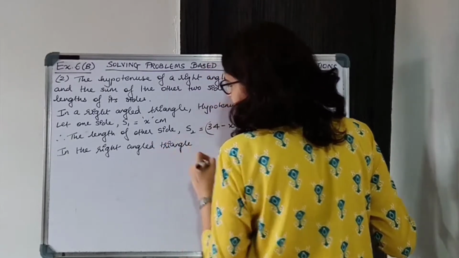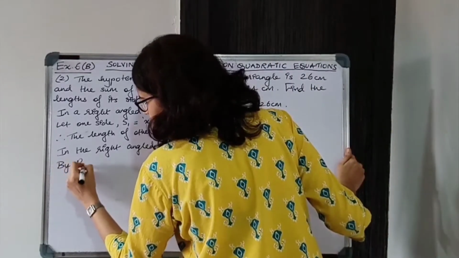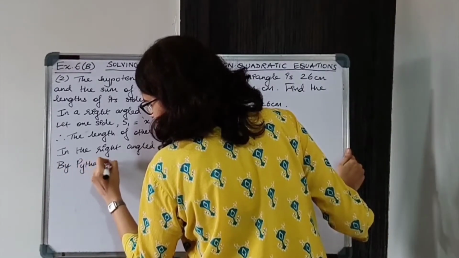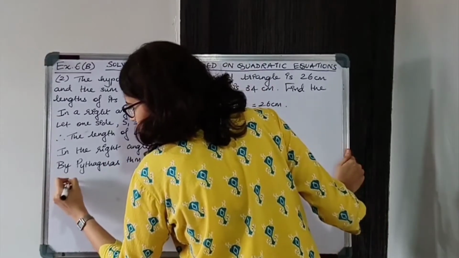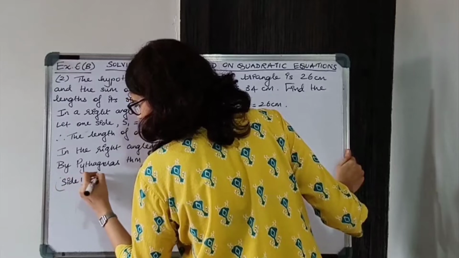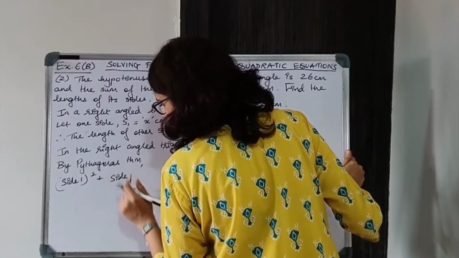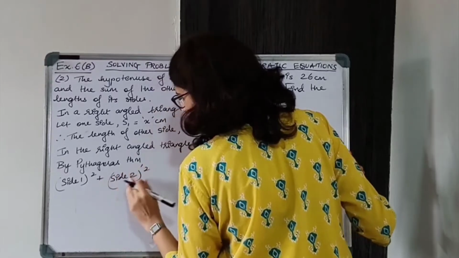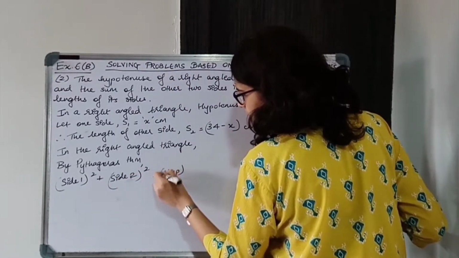In the right angle triangle, by Pythagoras theorem, we know that side 1 square plus side 2 square is equal to hypotenuse square.